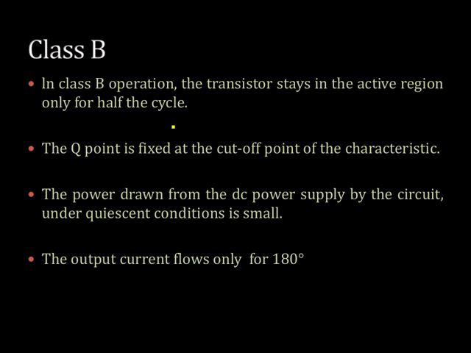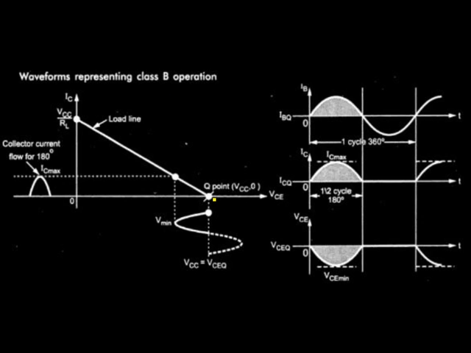Next we have class B operation. In this, the transistor stays in the active region only for half the cycle. The Q point is fixed at the cutoff point of the characteristics. The power drawn from the DC power supply by the circuit under quiescent conditions is small. The output current flows only for 180 degree. What does this mean? The Q point is fixed here.